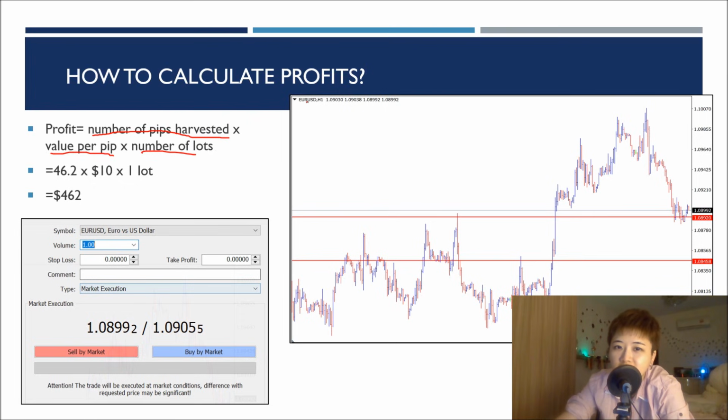Let's say today you're trading euro dollar. The value per pip is $10 per pip, and you're trading one standard lot. So you have your value per pip, you have your lot size, then your number of pips harvested.